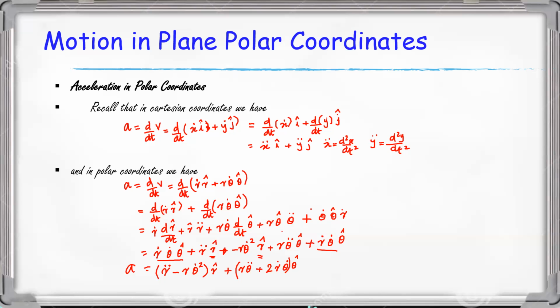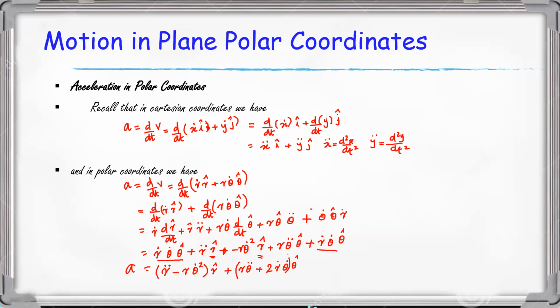And similarly, the term r theta double dot theta cap is the linear acceleration in the tangential direction due to the change in magnitude of the angular velocity.